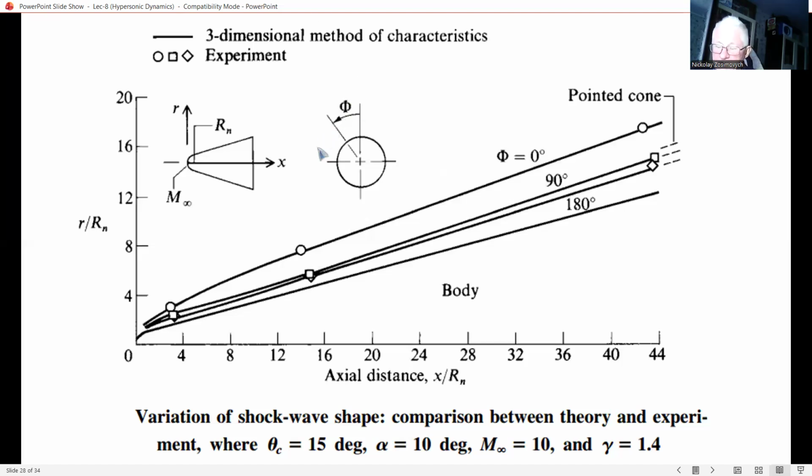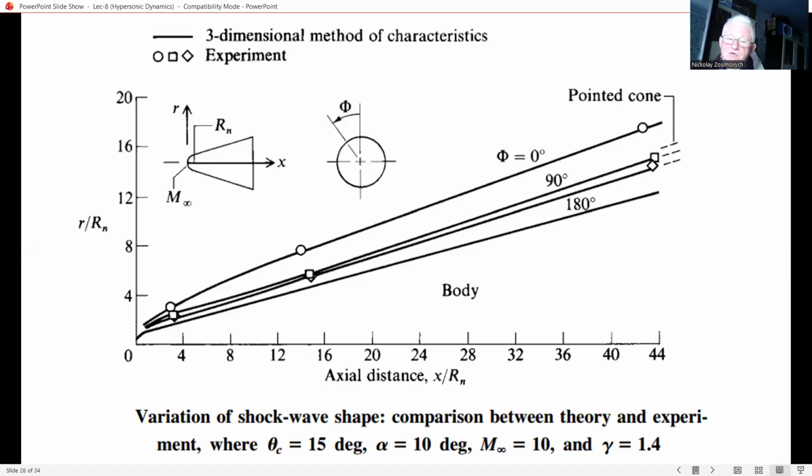We show phi in the anti-clockwise direction: 0 degrees, 90 degrees, and 180 degrees, for an angle of attack of 10 degrees at Mach 10.